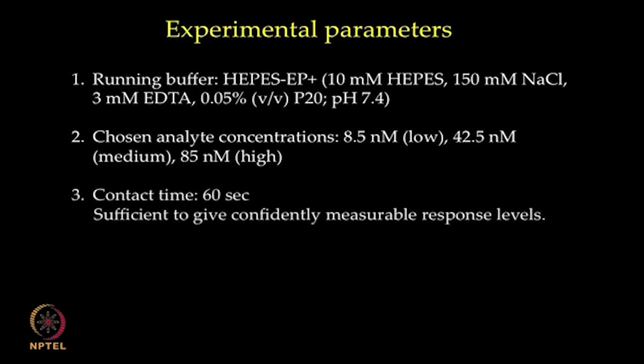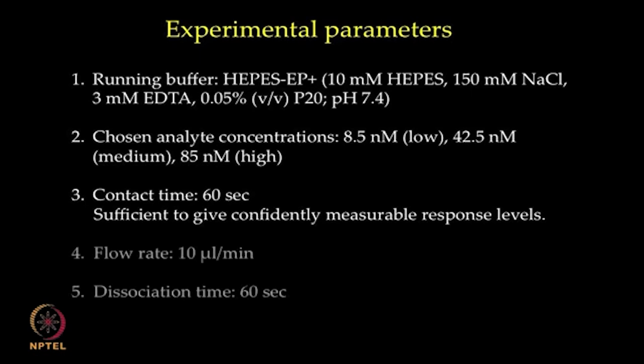Contact times between the sample and the sensor surface should be sufficient to give confidently measurable response levels without compromising screening throughput. Contact times of 1 to 2 minutes are usually sufficient for a binding experiment. Here, we will provide a contact time of 60 seconds at the flow rate of 10 microliter per minute with a dissociation time of 60 seconds.